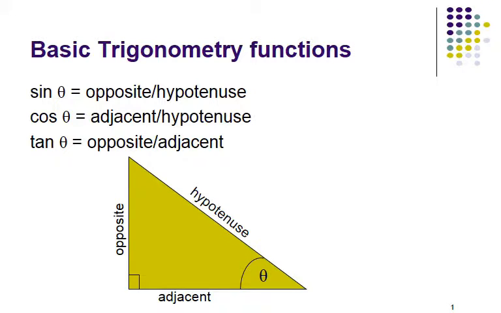There are 3 trig functions that we're going to be using: the sine, cosine, and tangent. The best way that I've found to remember what they are is this acronym, SOHCAHTOA.